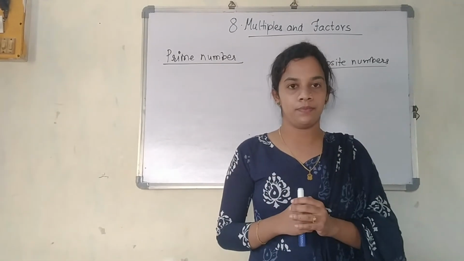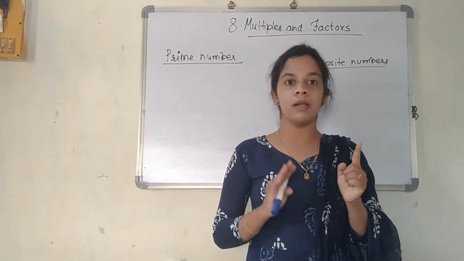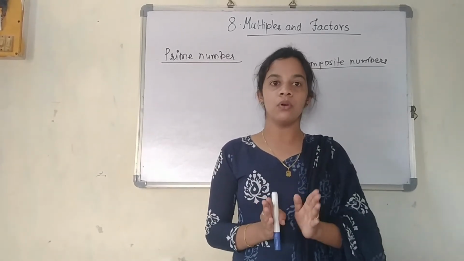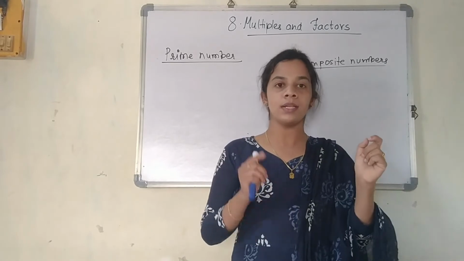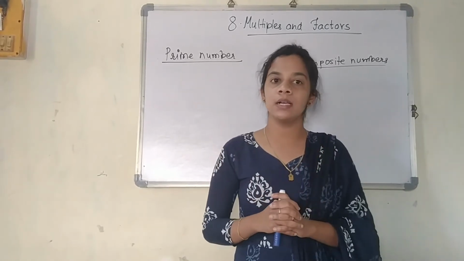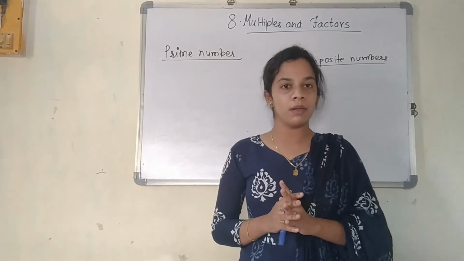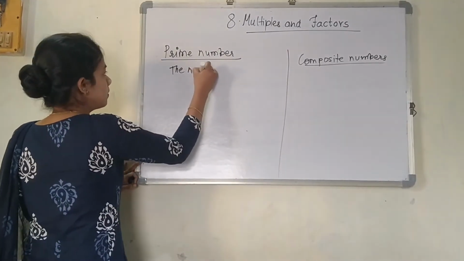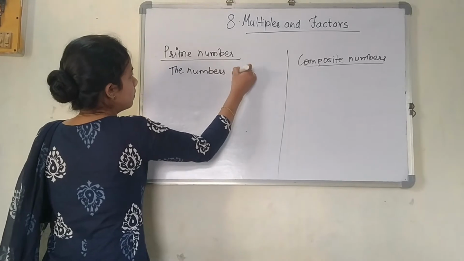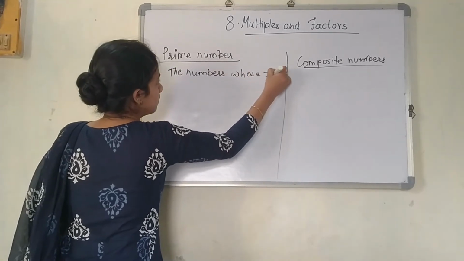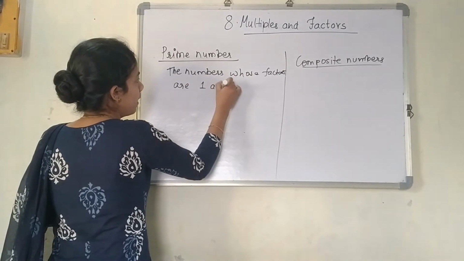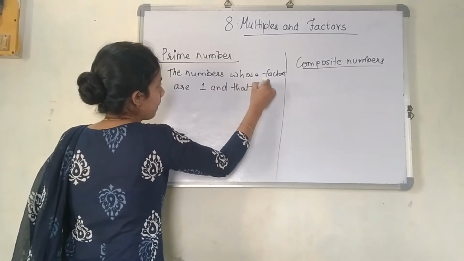If you see 7, 7 comes only in 1's table and 7's table. Other than that, it does not come in any other table. So factors of 7 are 1 and 7. That's why 7 is a prime number. So prime numbers are the numbers whose factors are 1 and that number itself.